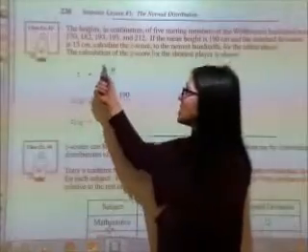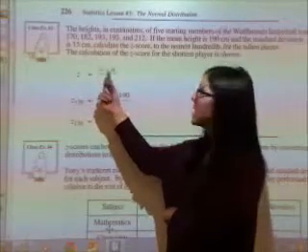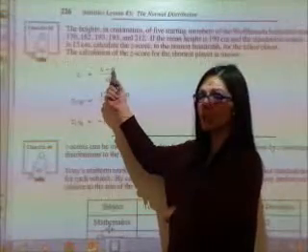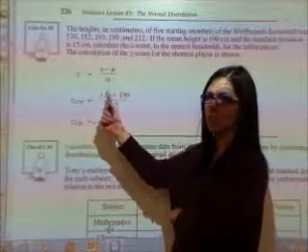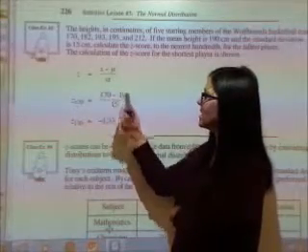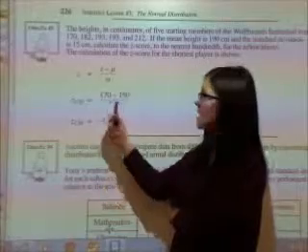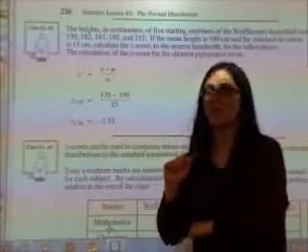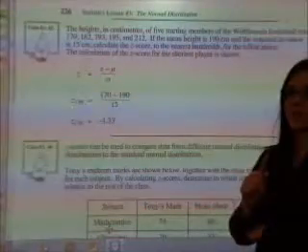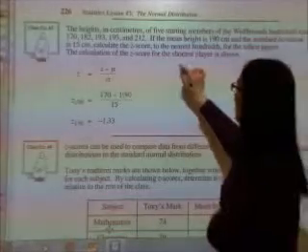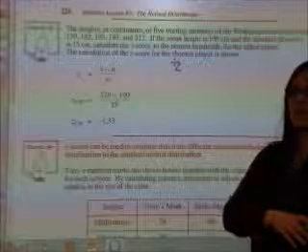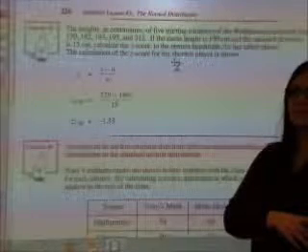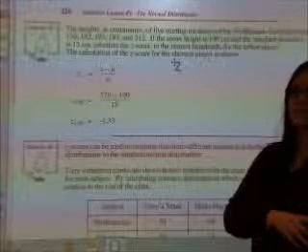So x refers to the data value that you're given. Mu is the average of the data set, and then sigma is the standard deviation of the data set. So 170 minus 190, which is -20, divided by 15 gives me -1.33 to the nearest hundredth. If I look at the z-score for the tallest player, what was the height of the tallest player? 210.